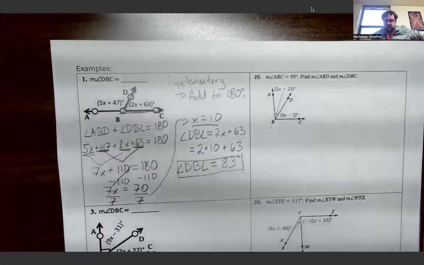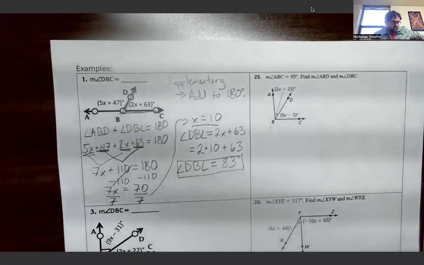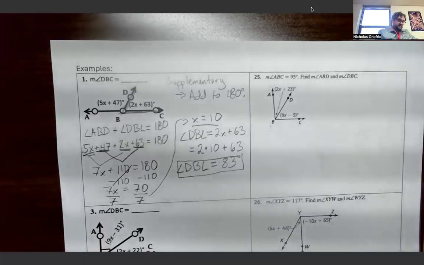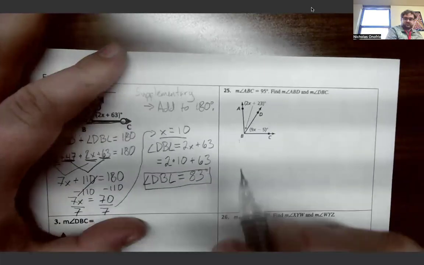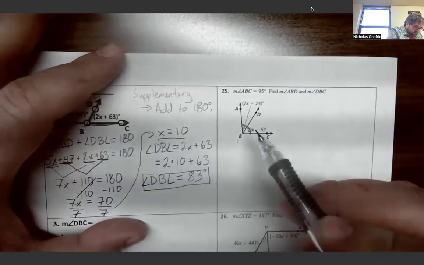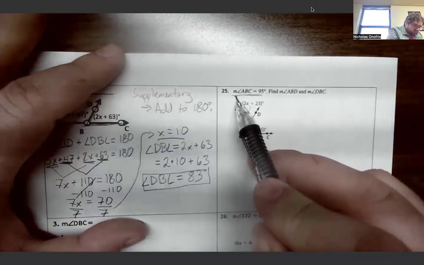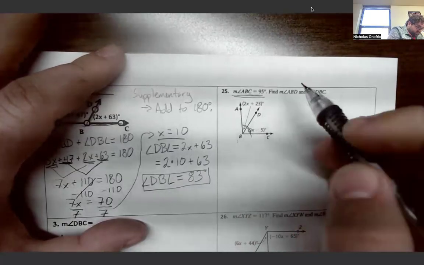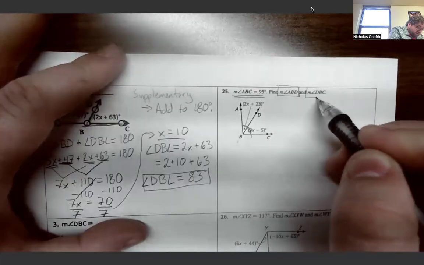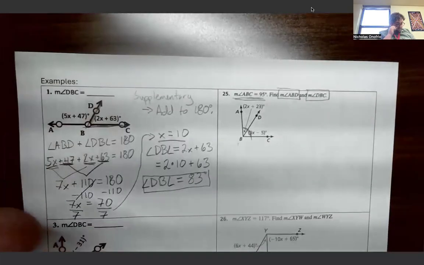Let's look at our next problem, problem number 25. Here's what we are told. ABC, the whole thing there, is 95 degrees. Our job is to find the measure of ABD and the measure of DBC.